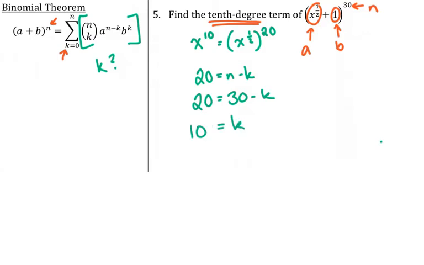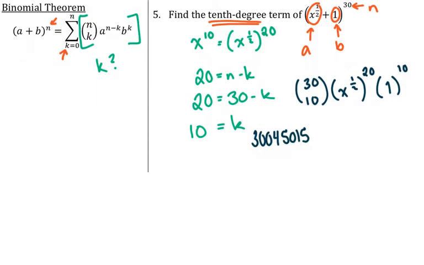So now we've got all of our variables to plug into our formula here, because we're just looking for the single term. So here I've got the formula all plugged in. With a numerator like 30 factorial, I'm definitely going to use my calculator, right? And so you can do that now, practice that, and you get an absurdly big number, which is why the calculator's the way to go, right? We've got 30,045,015 as our coefficient.